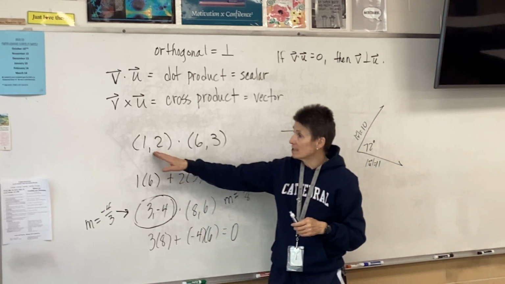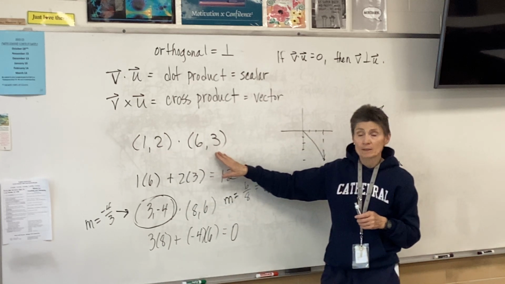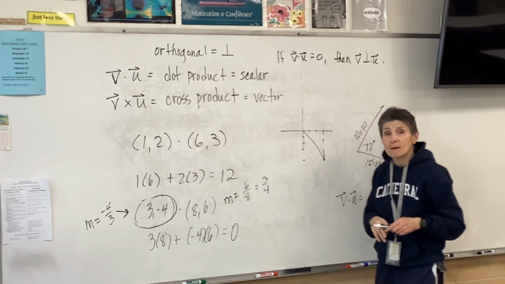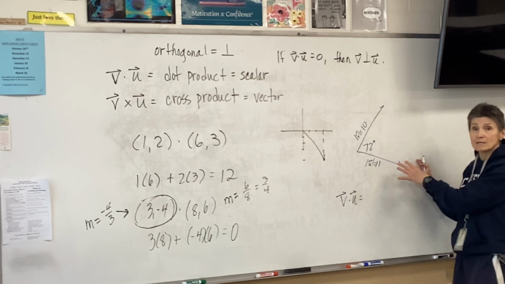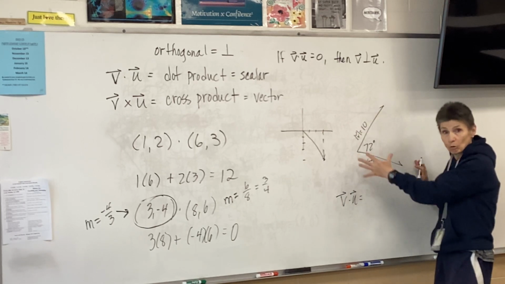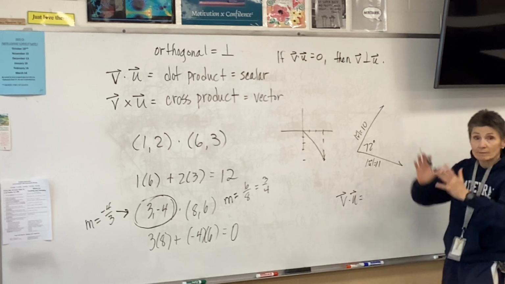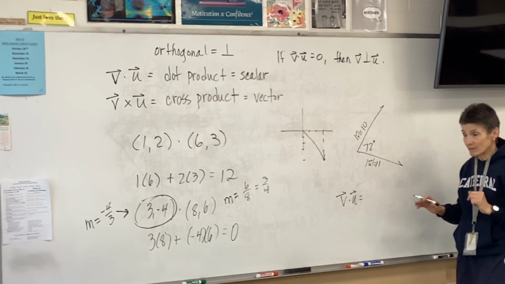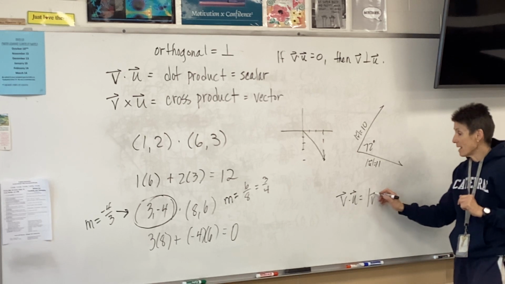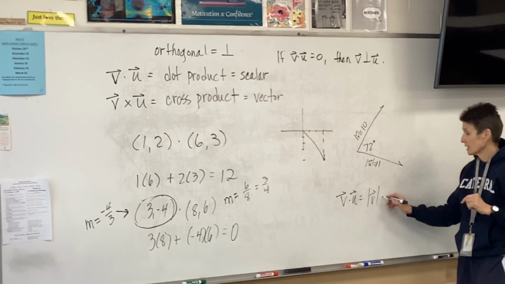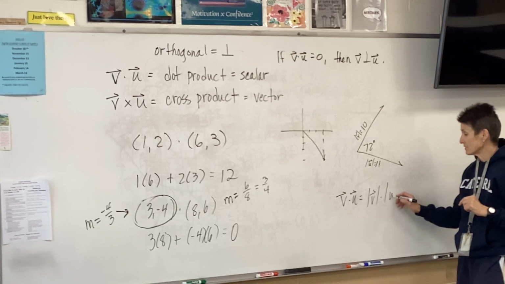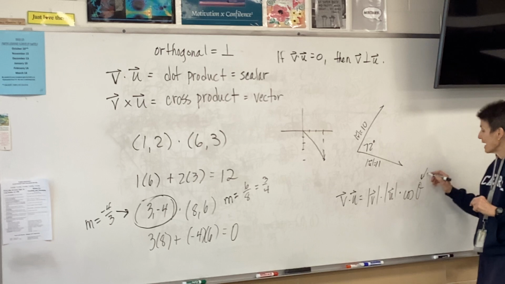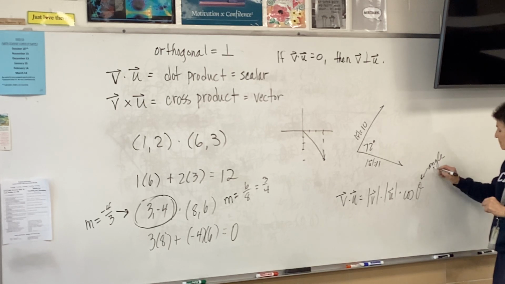If your vectors are given in component form, then you're going to do x times x, y times y, and add them up. But if your vectors are given more in terms of a physical problem, where you've got vectors out there doing things, then we can find the dot product by taking the magnitude of the first one times the magnitude of the second one times the cosine of the angle between the vectors.